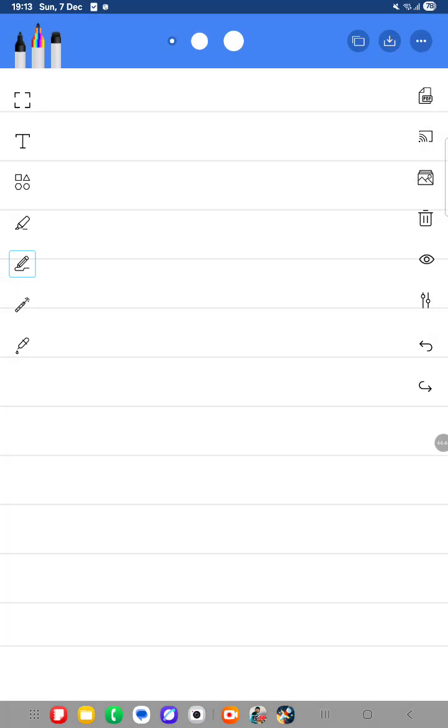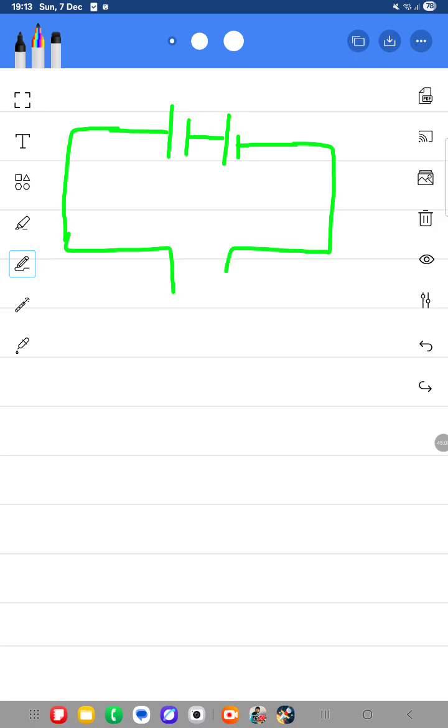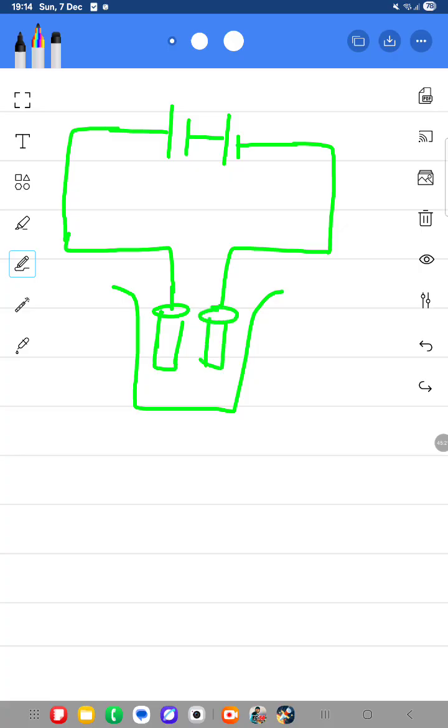Now one of the most important topic of our chapter is a circuit. I will draw it. Two electrodes, and this is, I will explain you.